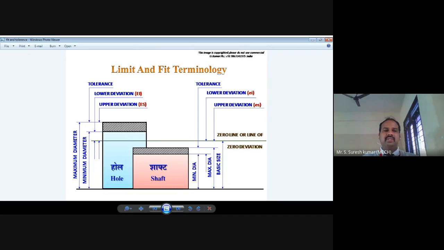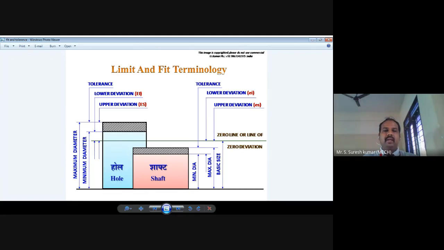So next one is zero line. It is the line of zero deviation and represents the basic size. Next one is tolerance zone. What is meant by tolerance and tolerance zone? It is a zone bounded by the two limits of size of the parts and defined by its magnitude, which is meant by tolerance, and by its position in relation to the zero line.